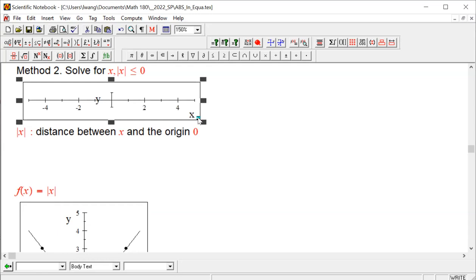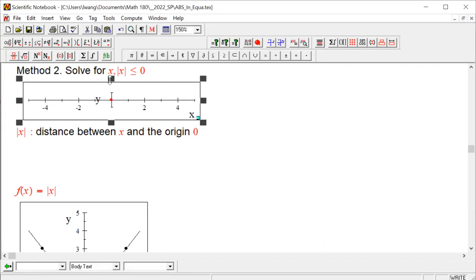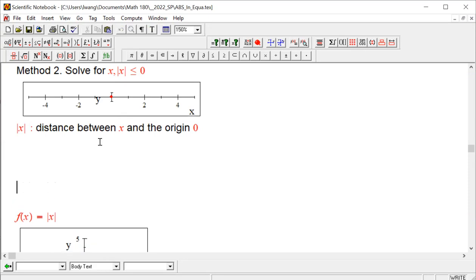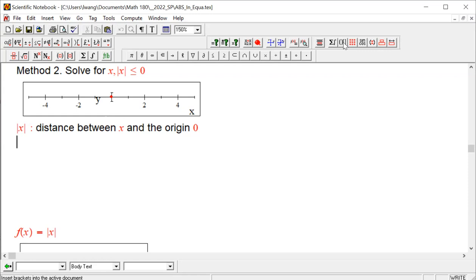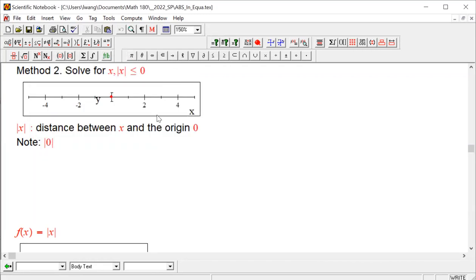So this question, we have just one solution, which is that dot. And that one solution means that the distance between 0 and 0 is 0. This means, the meaning of absolute value of 0 means what?